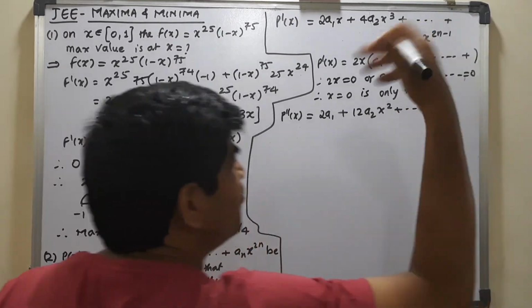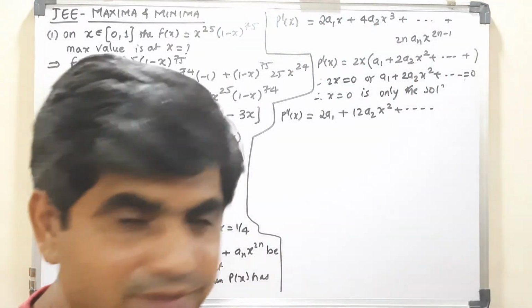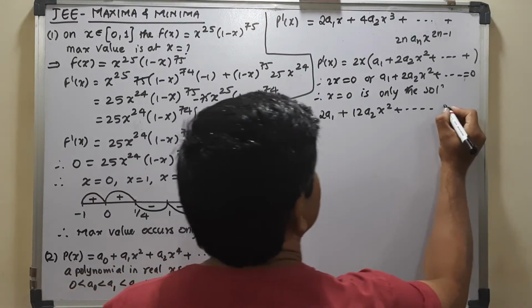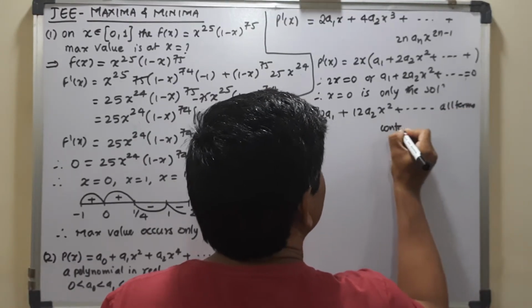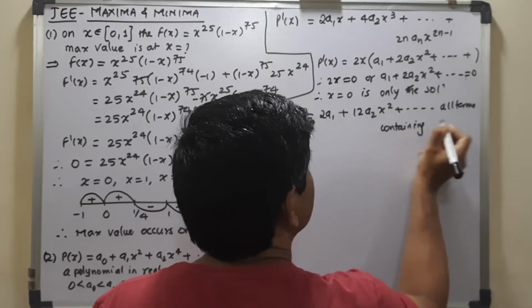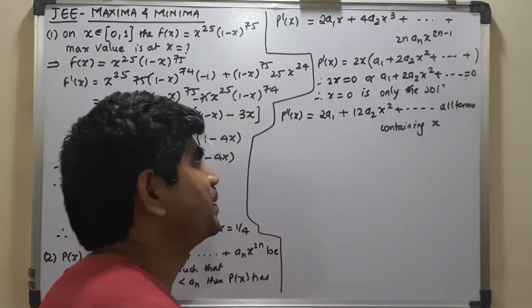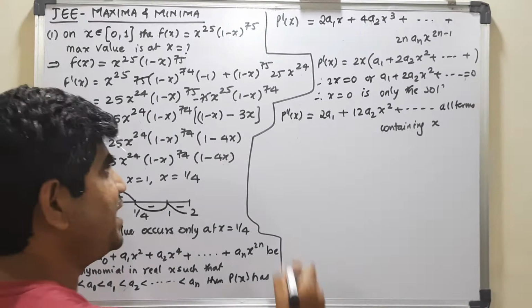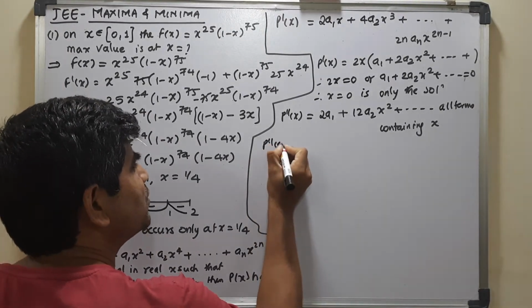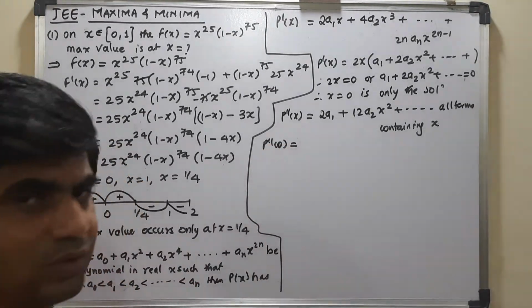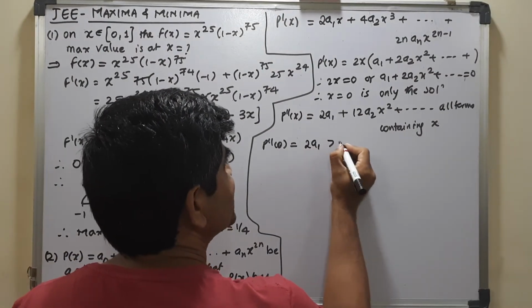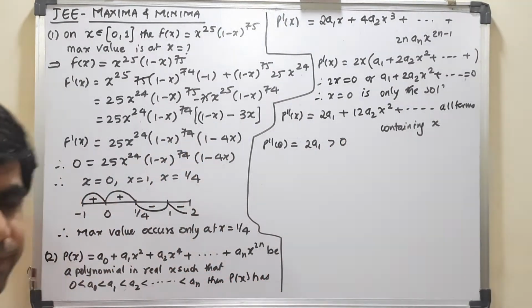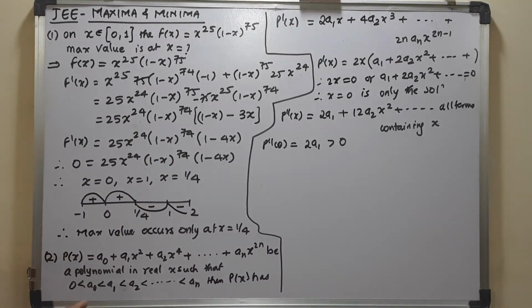Means everyone will be having x in it. That is plus all terms containing at least x. Okay. That means if I take p double dash 0, I am going to get 2a1, which is 100% positive, because a1 is positive. So this value is going to be positive.